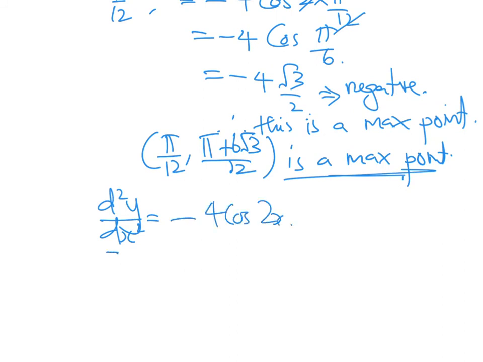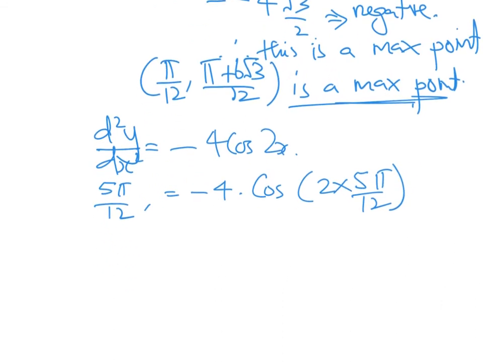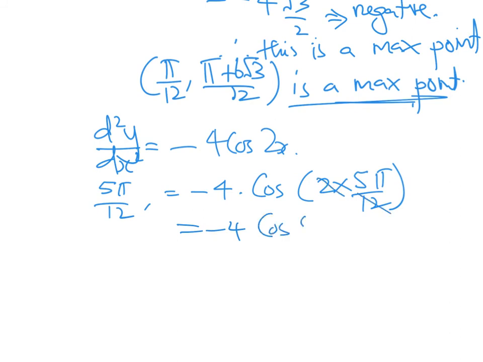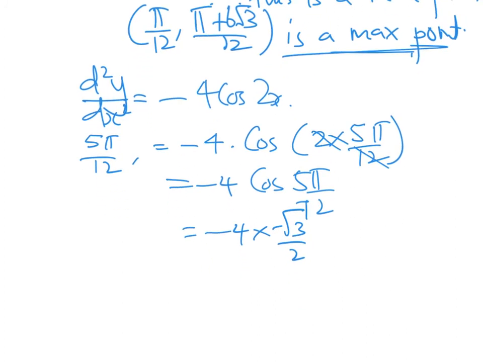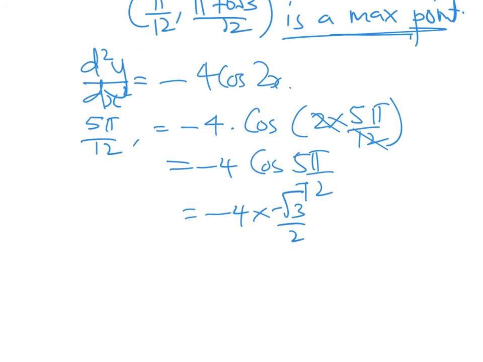This time we sub in 5 pi over 12, so it gives negative 4 times cos of 2 times 5 pi over 12, which is negative 4 times cos 5 pi over 6.